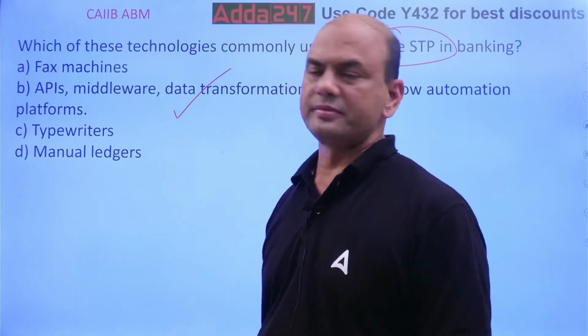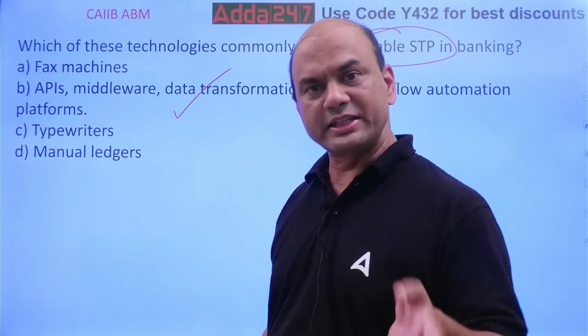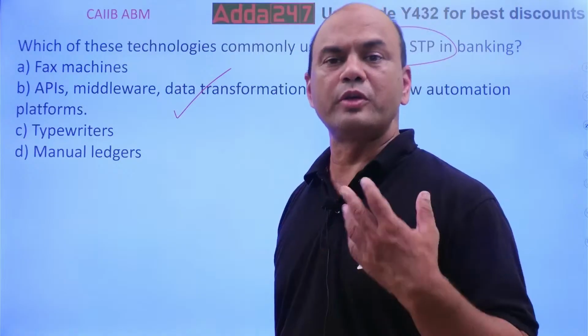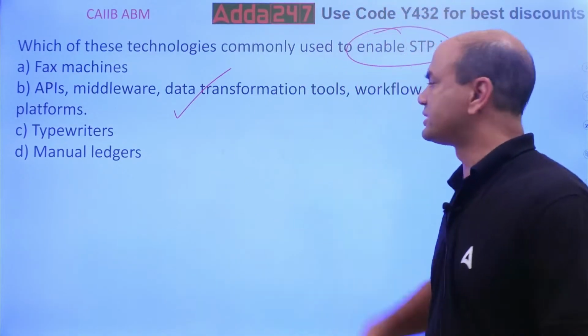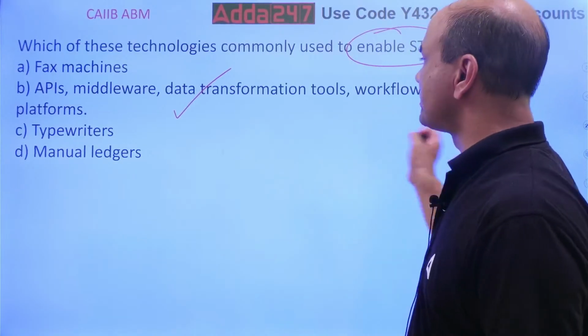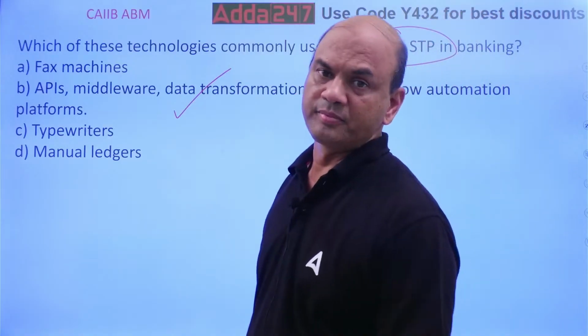Middleware means, again, API has middleware. Middleware will transform your language into computer language. Data transformation tools, again the same part, right? Workflow automation platforms. Workflow means everything should be online.